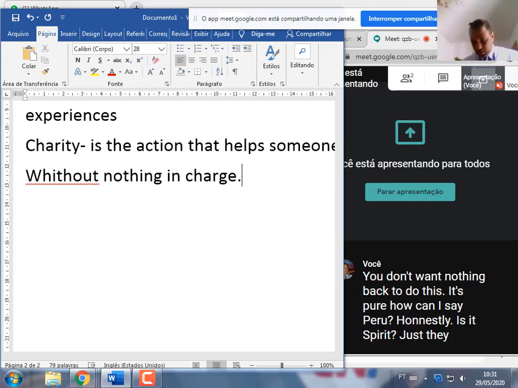Next one, fund. Fund, guys, is money too, that you save to help you in the future.